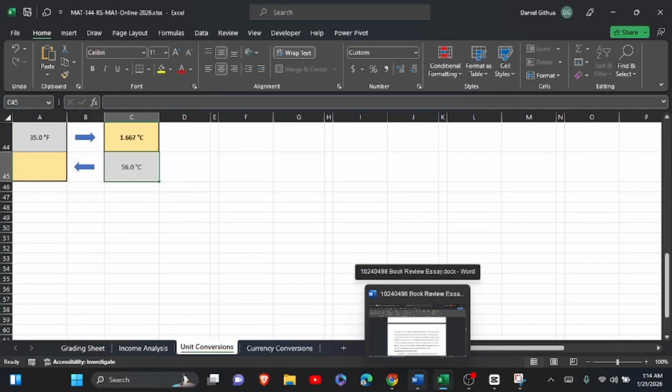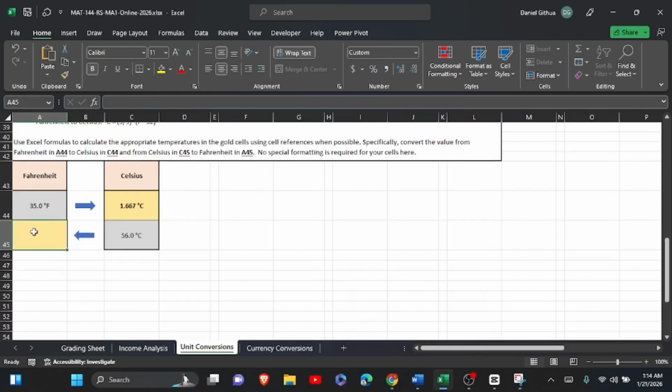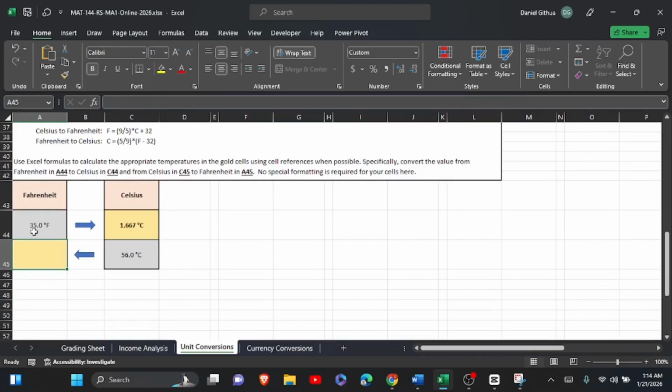And pressing enter, that's our Celsius. The next thing is to convert 56 degrees Celsius to degrees Fahrenheit. For this one, we use the upper equation, Celsius to Fahrenheit.